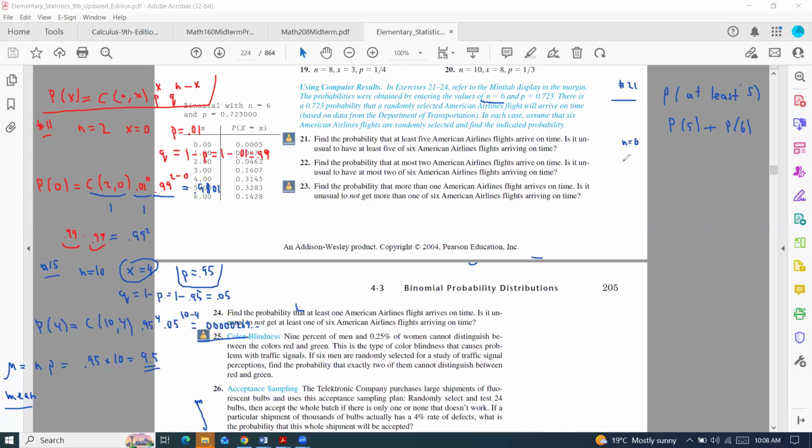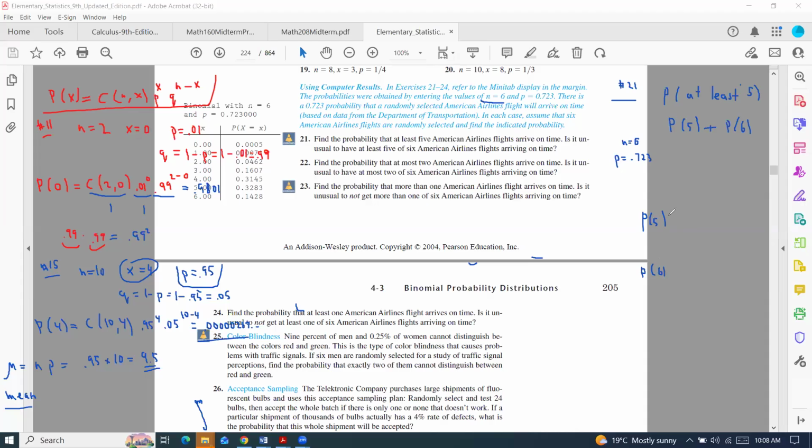And they also say the chance for the flight to be on time is 72.3 percent. Okay. So if we have this information, then what you can do is calculate your chances to get exactly 5 flights or to get more, which is 6 flights.